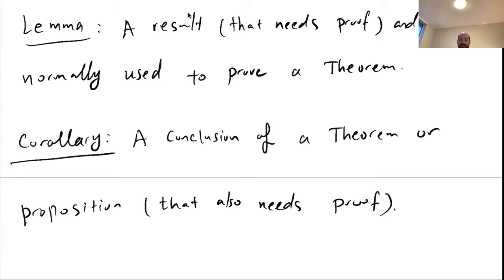So basically everything that we said so far, as you can see, needs proof in mathematics. So in mathematics, we need to prove everything. The only exception is when we have an axiom. Axioms are facts that we just accept as they are, maybe based on our intuition.